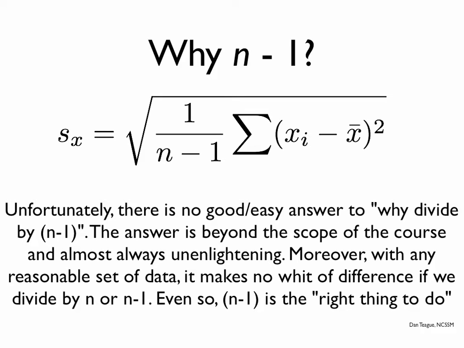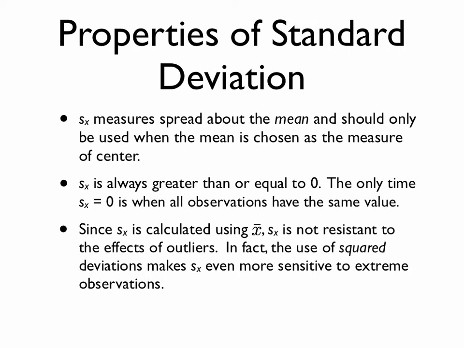Moreover, with any reasonable set of data, it makes no whit of difference if we divide by n or n minus 1. Even so, n minus 1 is the right thing to do. Now, we'll talk more about n minus 1 when we get into the chapter on sampling distributions, which is in chapter 9. So I hate to say it, but keep that under your hat. Keep thinking about that question, and we'll get it answered later on.